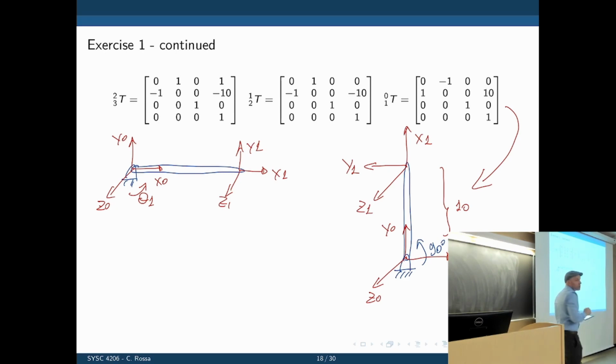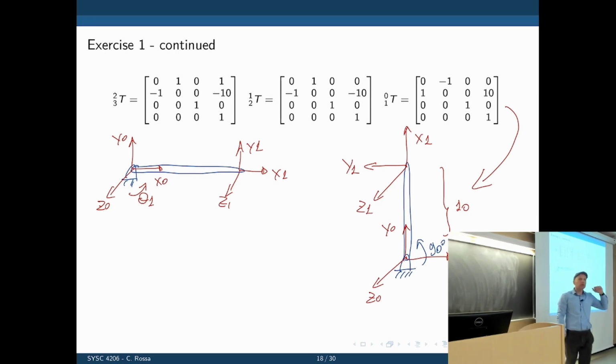Does that make sense? It is telling us that the position of frame 1 is at 0, 10, 0. It means that in frame 0, the x-coordinate of the tip is 0, which makes sense because it is a line. It is shifted 10 up and 0 along Z. So it makes sense.